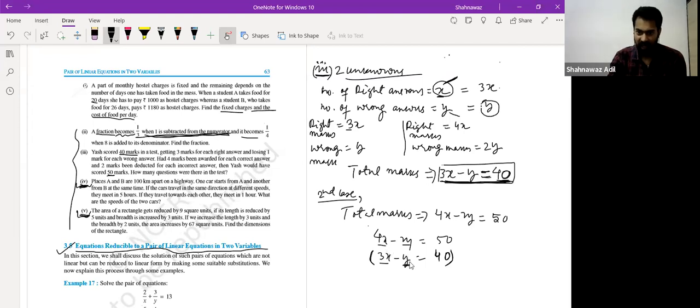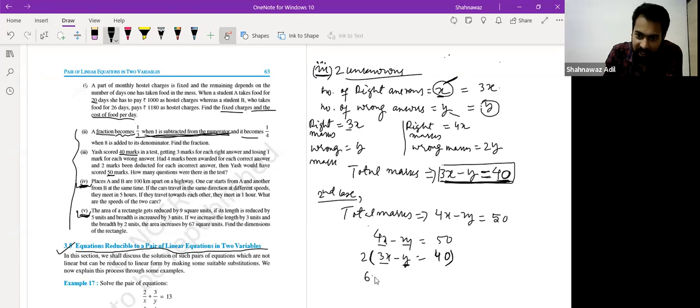Y. It is 2Y here, it is Y here. So what should we multiply? 2. Right, Adil, we should multiply here with 2.